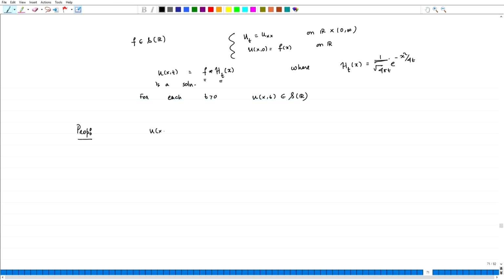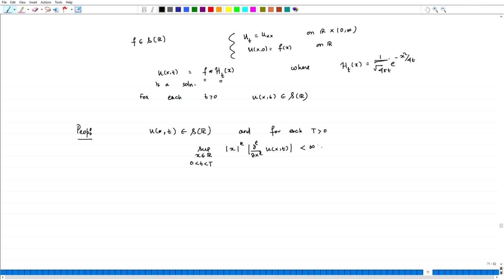u of x, t belongs to Schwarz space for each t bigger than 0, and the supremum over x belongs to R and 0 less than t less than capital T of mod of x to the power k and mod of del^l by del x^l of u of x, t is finite.